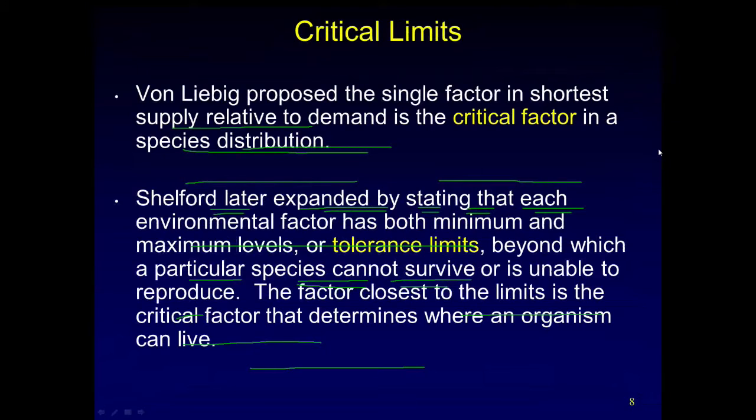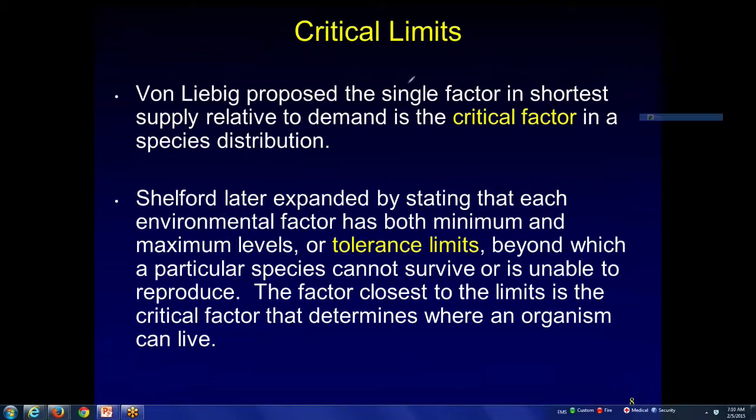Let's go to another interesting way of looking at things, and that's what we call critical limits. So we're trying to figure out where an organism can live. We'll notice that a critical factor or critical limits has a lot to do with it. A long time ago, a guy by the name of von Liebig proposed that a single factor, the one in shortest supply relative to demand, is the critical factor in a species' distribution. For example, you might find that nitrogen in the soil is the critical factor for a certain plant.